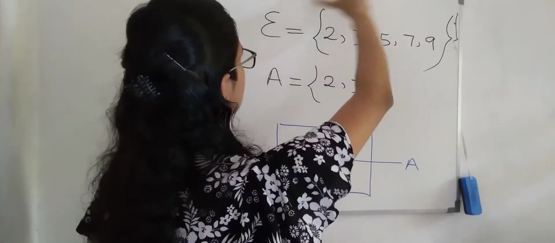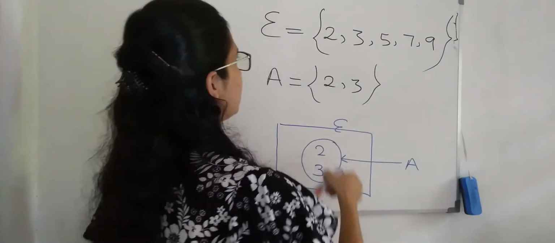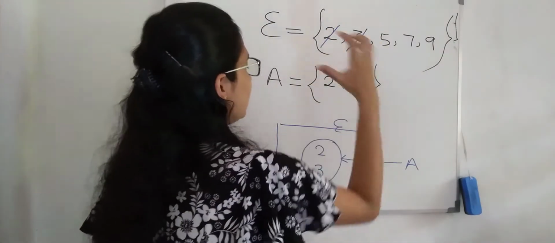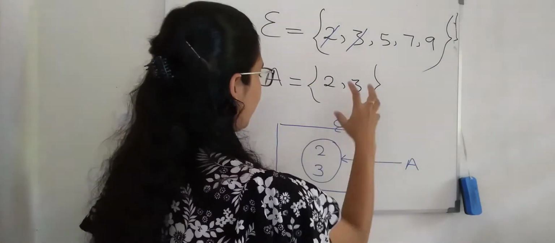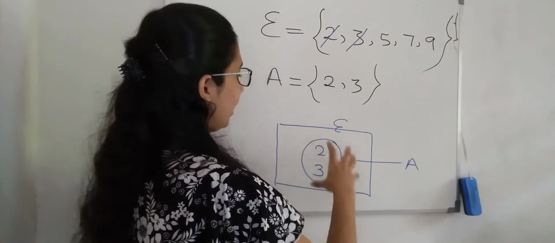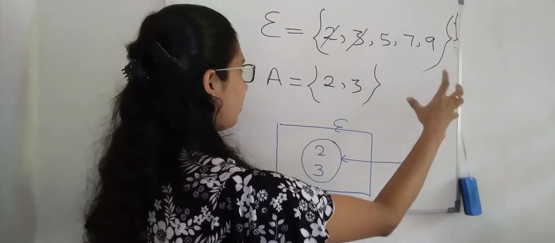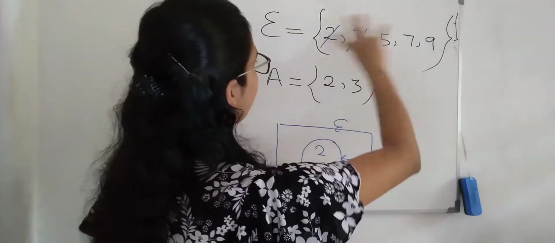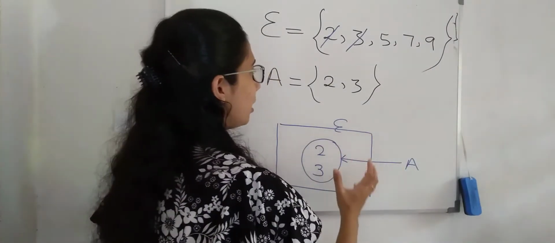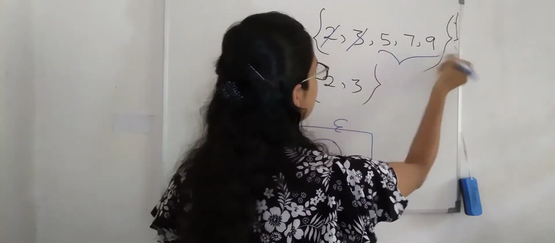Already we have put two elements into the universal set, because I have put two elements into this set, which is also a subset of the universal set. Now what are the rest of the elements in the universal set?